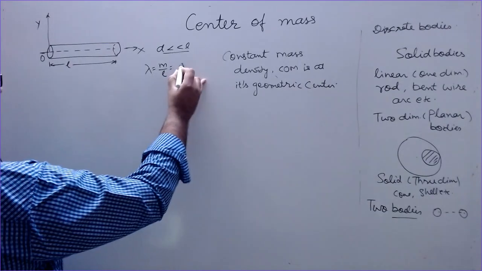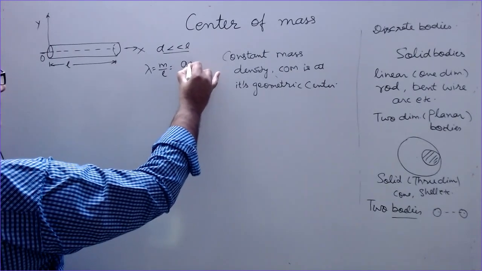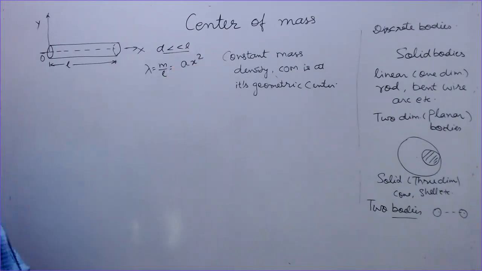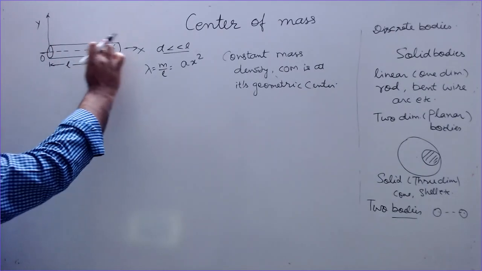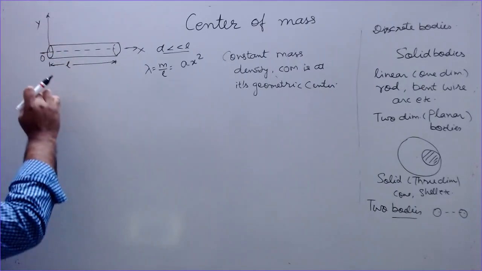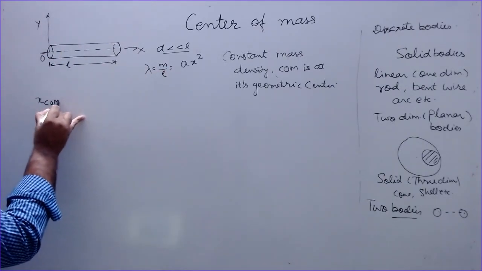It is given by, suppose, ax square. Now I have to find the position of center of mass. So see, this is symmetrical about x-axis, not about y or z. So only x coordinate of center of mass is to be calculated.